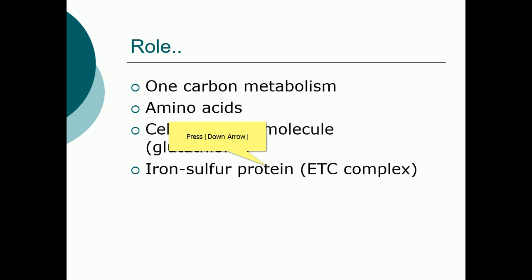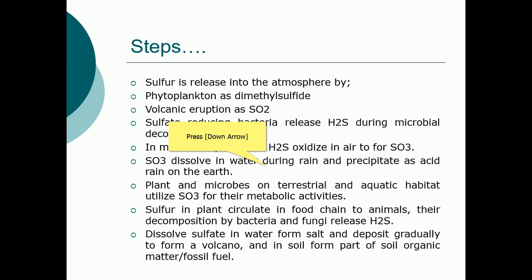Having mentioned the reservoir, and we said it is rocks or soil, or the lithosphere generally, how does it mobilize into the environment, or what are the processes that lead to the release of this into the environment? What releases this into the environment basically include volcanic eruption, which is a natural process, and then weathering, the process of soil formation.